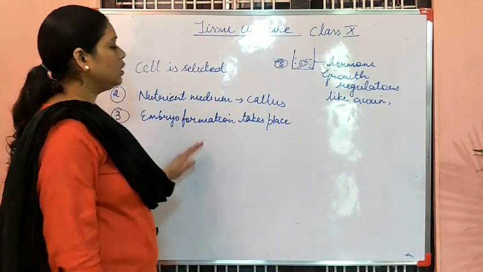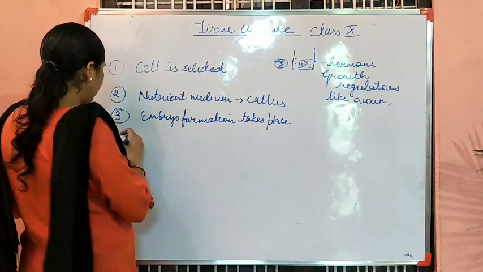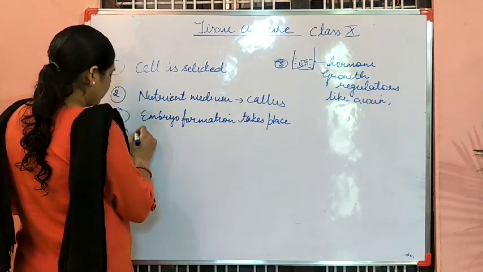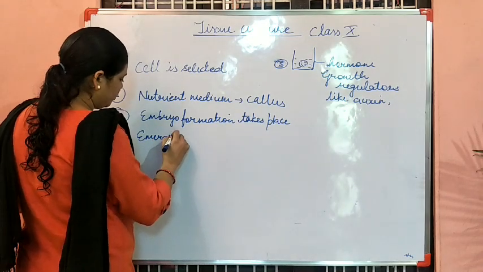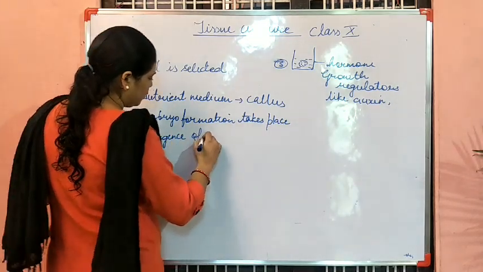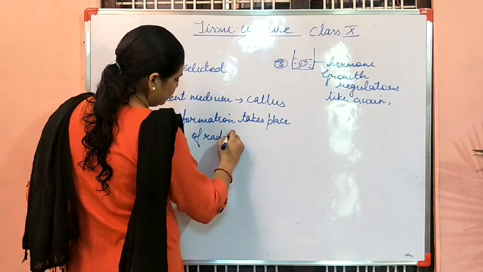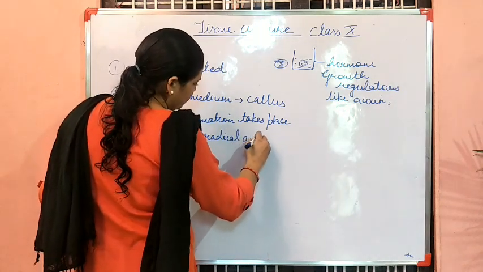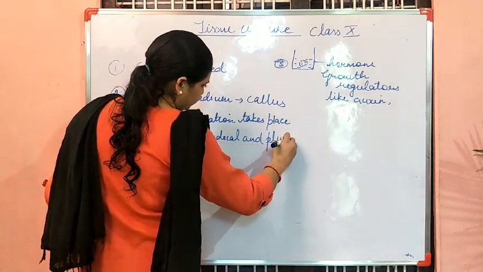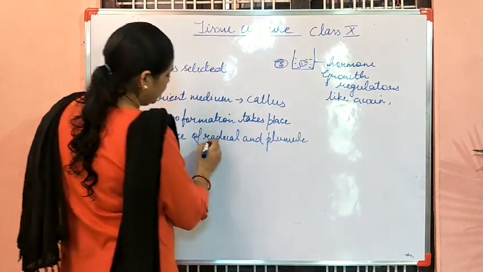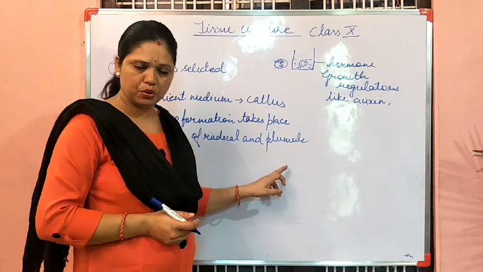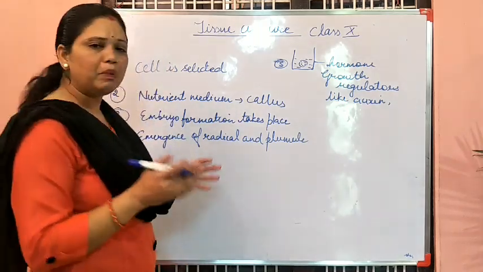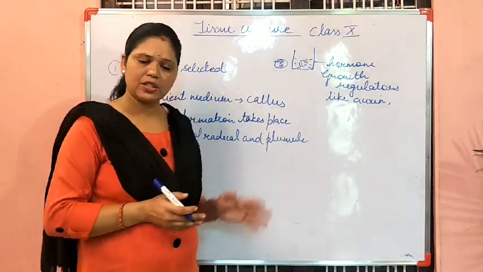Later on, the radicle and plumule arise. This radicle gives rise to the root and the plumule gives rise to the shoot. That means a whole plant is formed inside the jar.